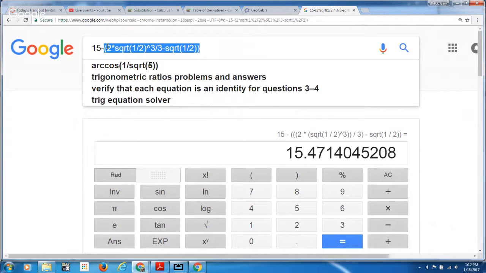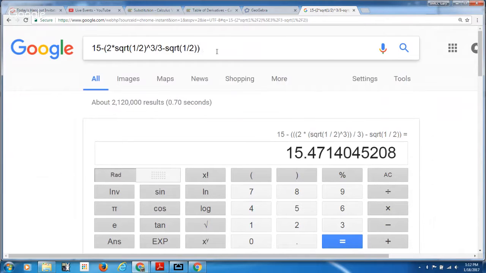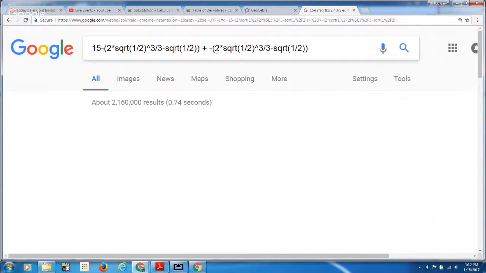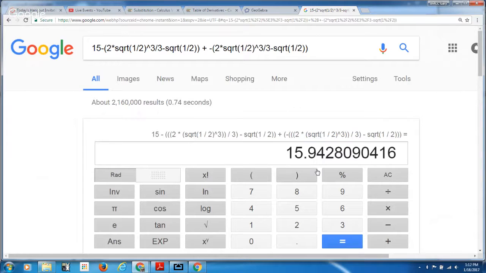So that is the second integral. Copy that. And then I want to add on the opposite of the first integral. And then I should get 15.9-ish. Yeah, that's right. 0.47 plus 0.47 would be 0.94.